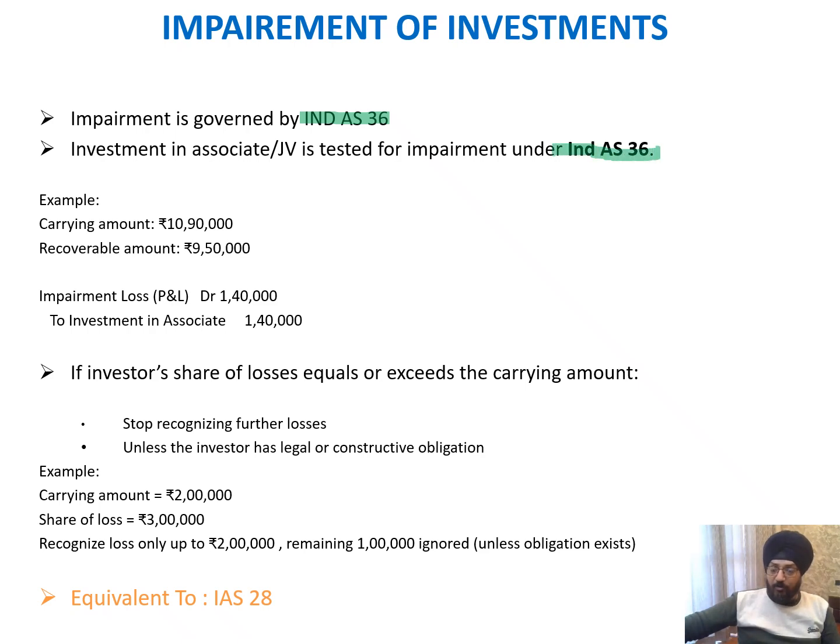This is to make sure, because we are recording the investment at cost, that it is tested for impairment. For example, we have a carrying amount of 10 lakh 90,000 as per the last slide. The recoverable amount is 9 lakh 50,000. So there is an impairment loss, and this impairment loss would be recognized in my P&L, since there is a fall in the fair value below the cost at which we are carrying the investment.